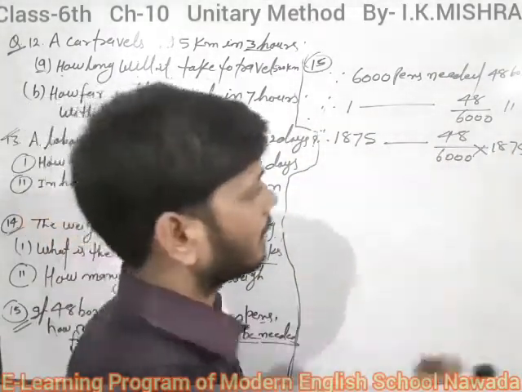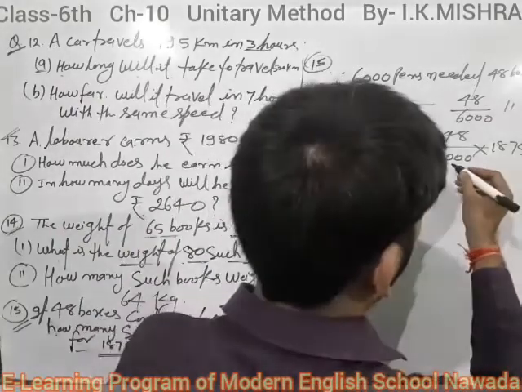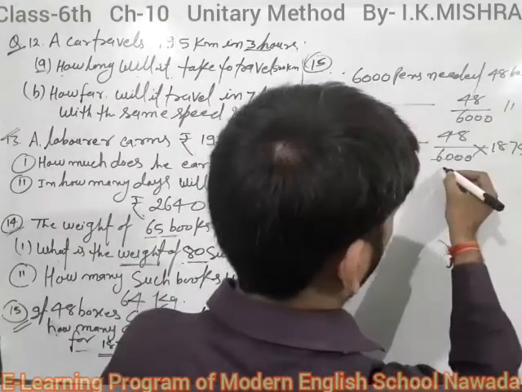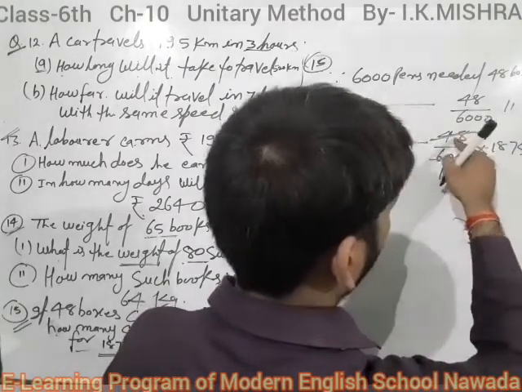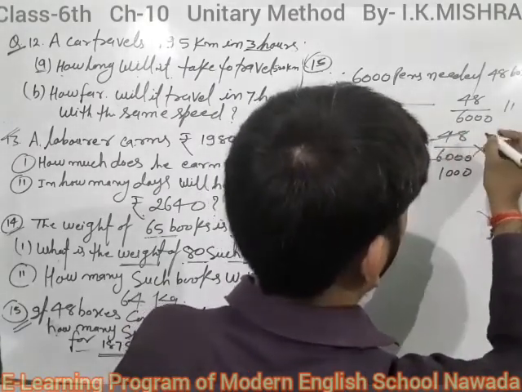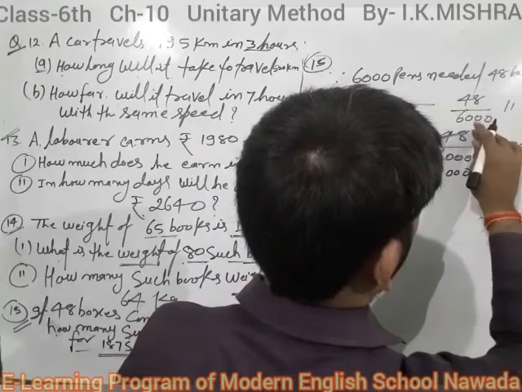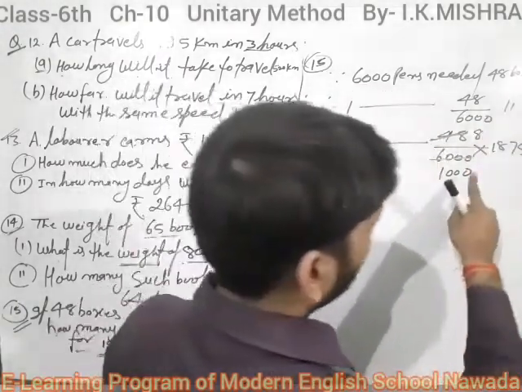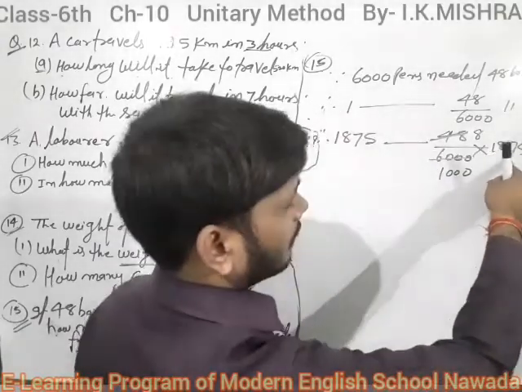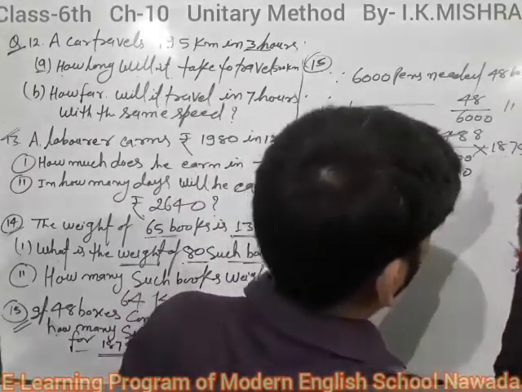Here you simplify it. First of all divide it by 6. It will be divisible by 1000 times, and 6 when you divide by it, here 8 times. Now divide it by 25 times.